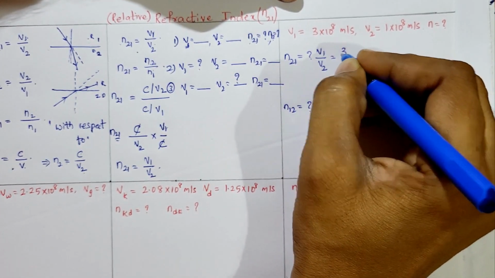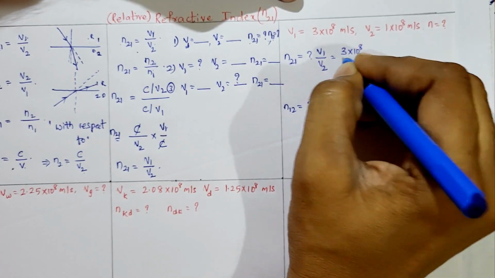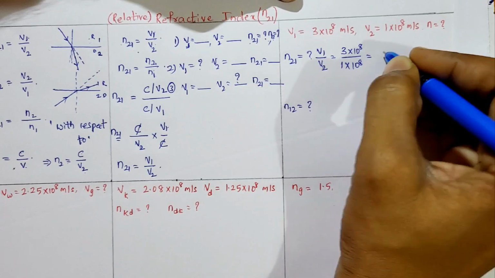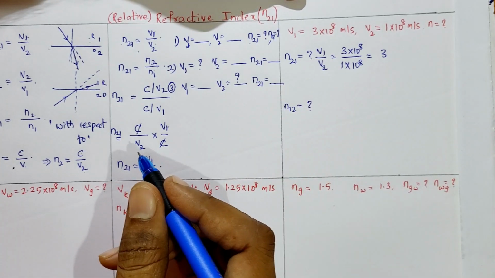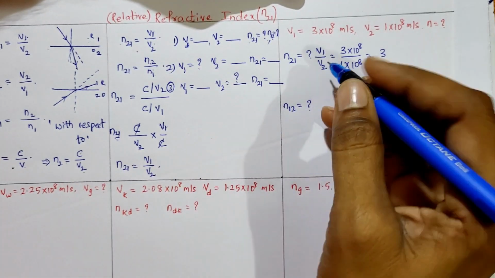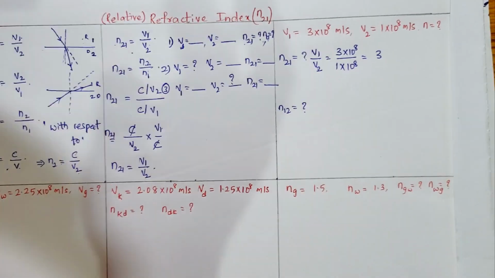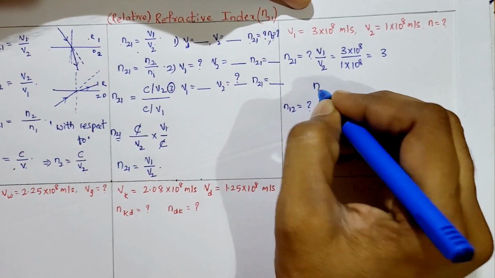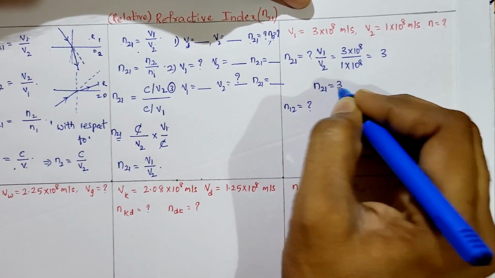V1 is 3 into 10 power 8 meters per second, V2 is 1 into 10 power 8 meters per second. That is 3. So the refractive index of the second medium with respect to the first medium is 3.